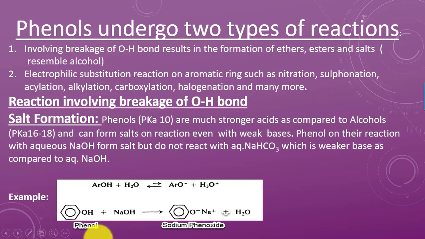Aqueous sodium hydroxide reacts with phenol and forms the sodium phenoxide ion. But these are quite stable in the solution of sodium bicarbonate, and this is the identification test of phenol: they are soluble in aqueous sodium hydroxide, but insoluble in aqueous sodium bicarbonate.